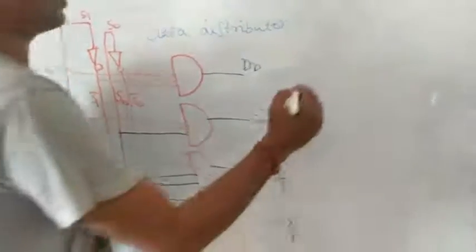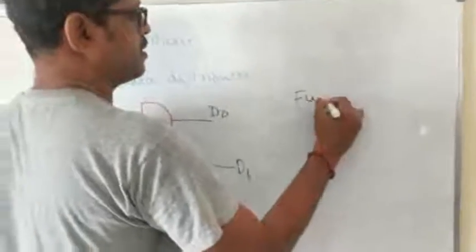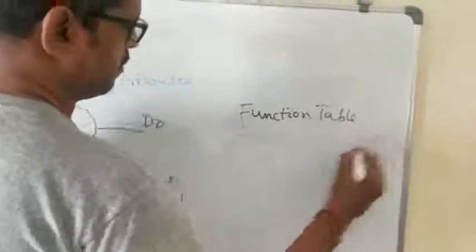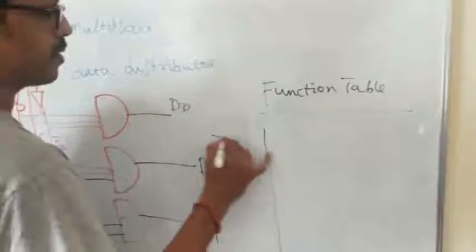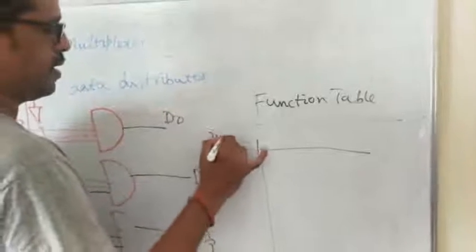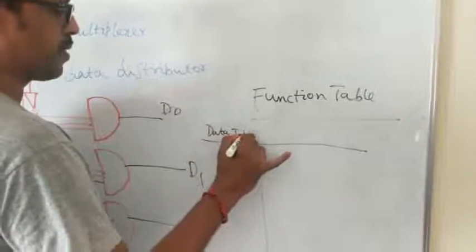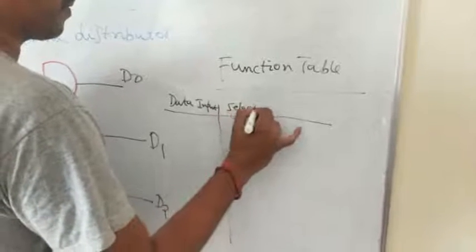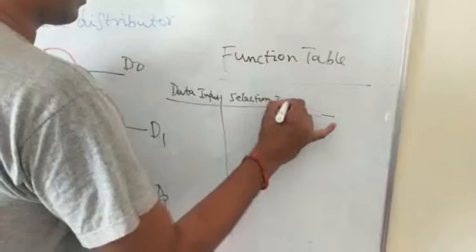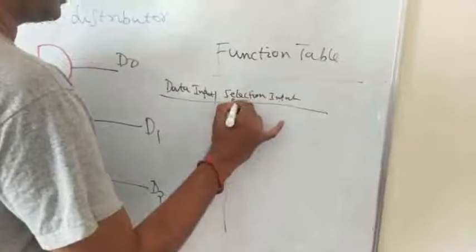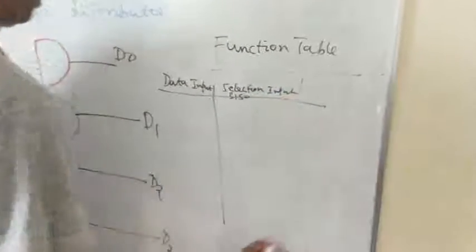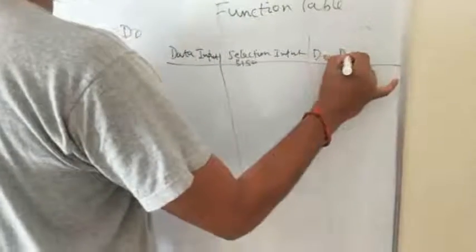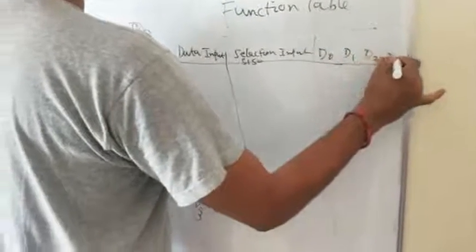So I will write down the function table. Data input, selection input S1, S0, and then outputs D0, D1, D2, D3.